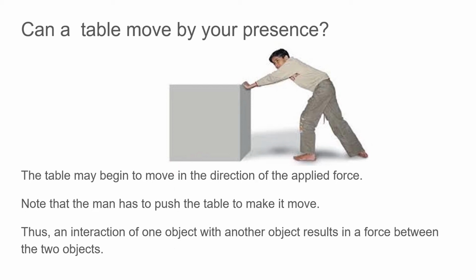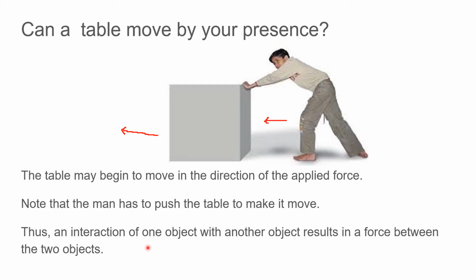So, you can see here the table will move only in this direction because the person is applying the force in this direction. So, the table is moving in the direction in which the force is applied. So, note that a man has to push the table to make it move.